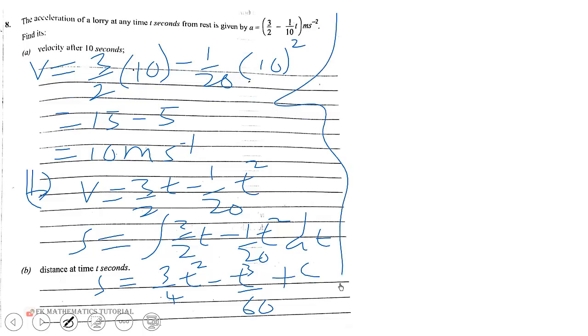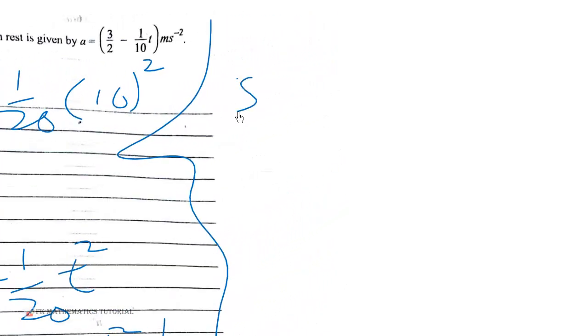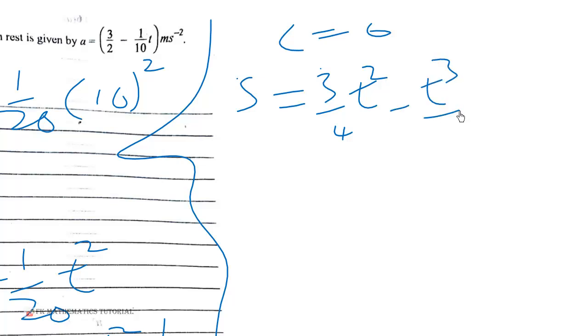Applying the initial condition, s of 0 equals 0, we get c equals 0. That gives us the distance to be 3/4 t squared minus t cubed over 60 in terms of t. Okay.